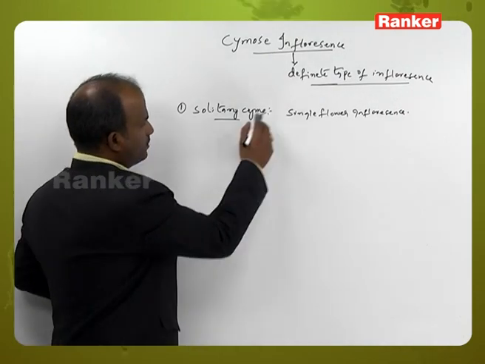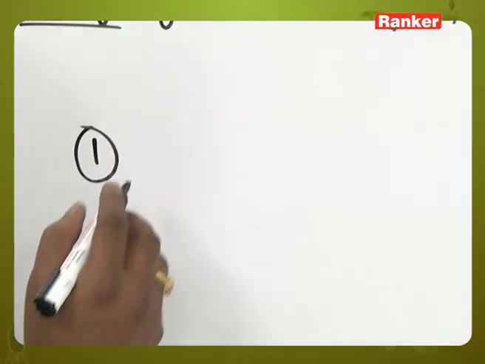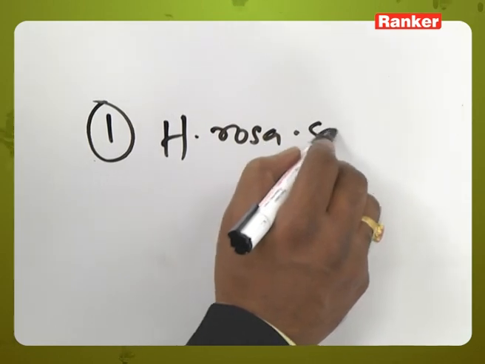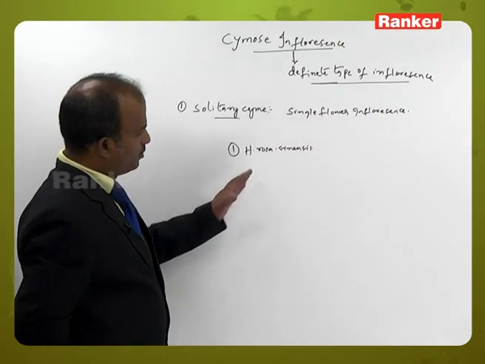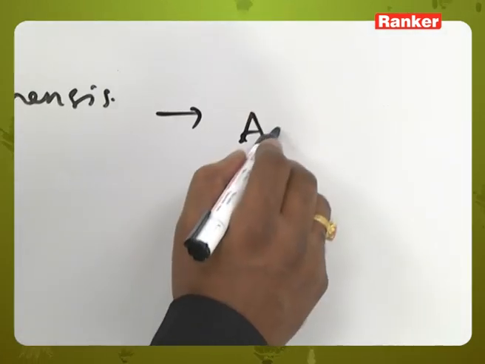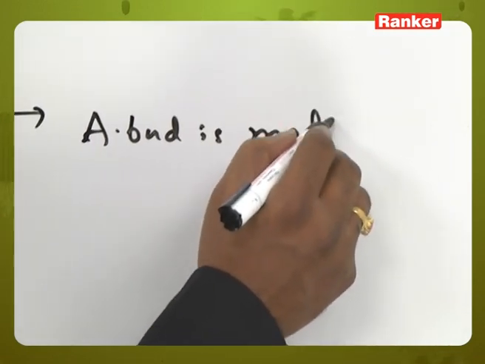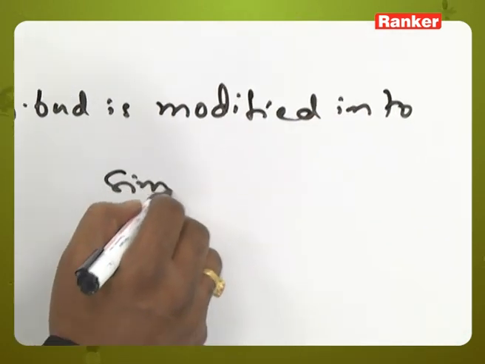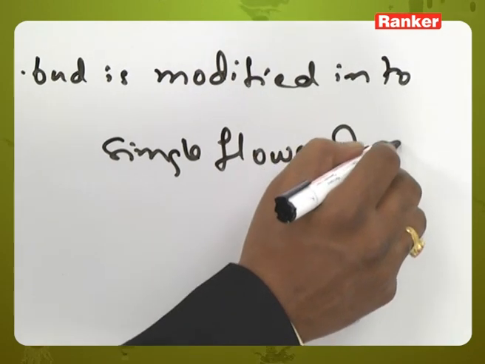In this solitary cyme, what is the first example? The first example is Hibiscus rosa sinensis. In Hibiscus rosa sinensis, the axillary bud is modified into a single flowered inflorescence.